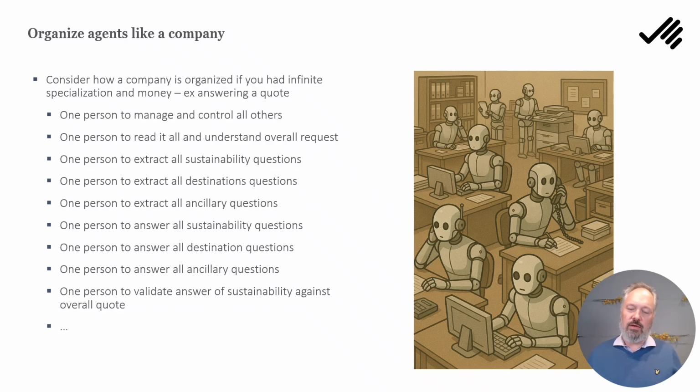And then there's another sister agent that validates the answers of the agent that figured out the correct answers to the sustainability questions. When you put all these together, you can link them all together, get a better answer, and a more granular ability to map it all together.